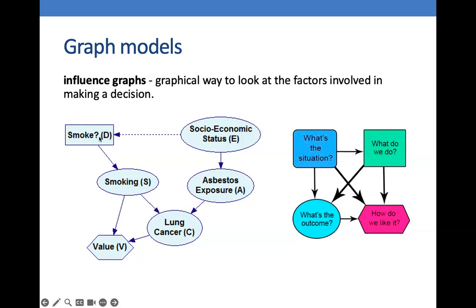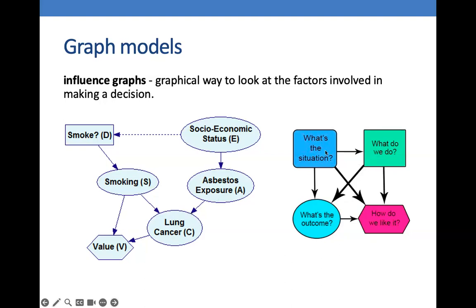And if that person is smoking, then what is the risk of that person getting lung cancer? Or let's say, based on the economic status, what would be the probability that a person would be exposed to asbestos? And since that person is exposed to asbestos, what would be the risk that that person will get lung cancer? And so on and so forth.